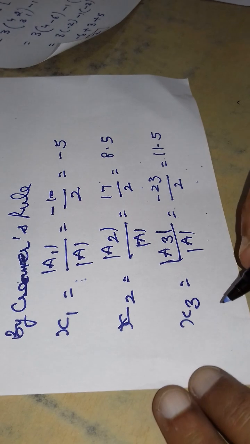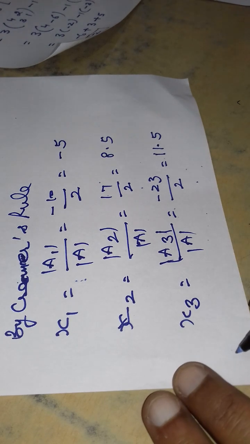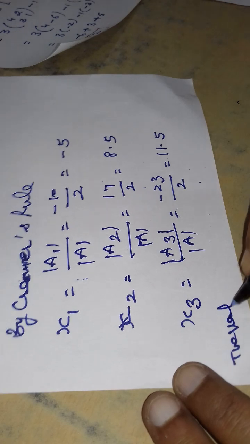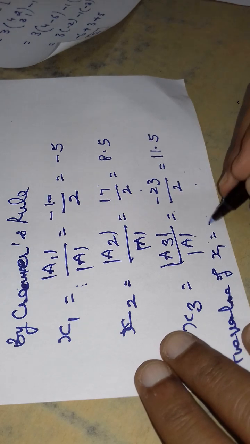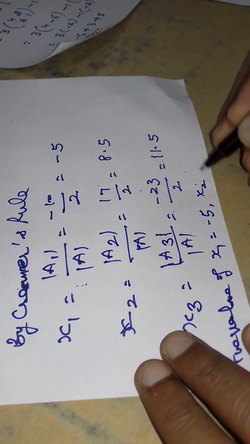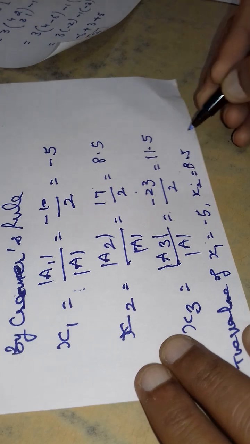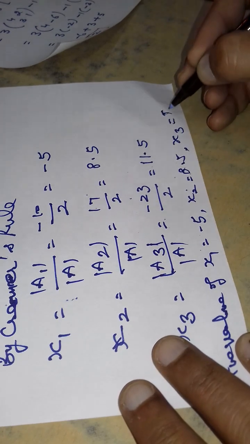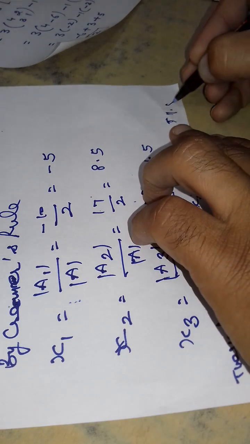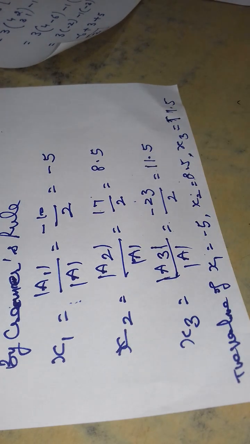Henceforth the value of x1 equals minus 5, x2 equals 8.5, and x3 equals 11.5.